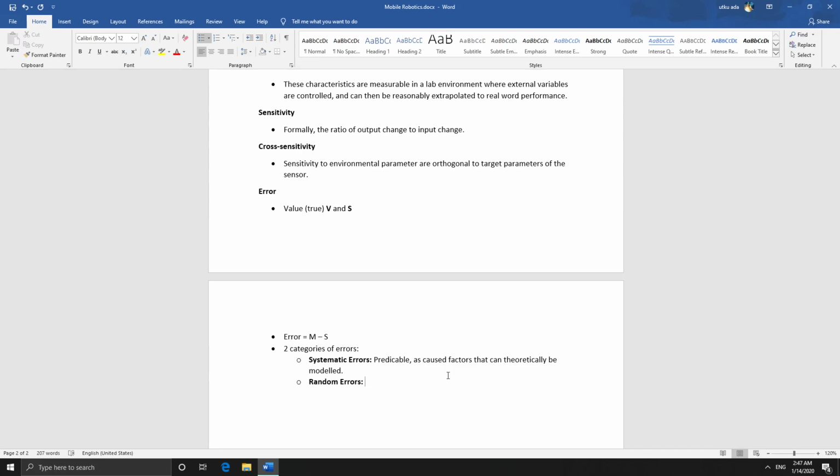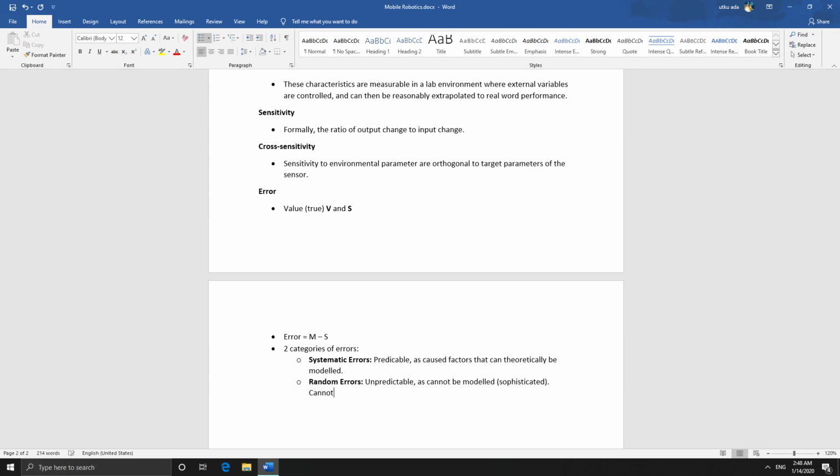These can only be described in probabilistic terms. So let's say unpredictable, as cannot be modeled. Let's just add sophisticated just in case. So it can't be predicted using a sophisticated model.